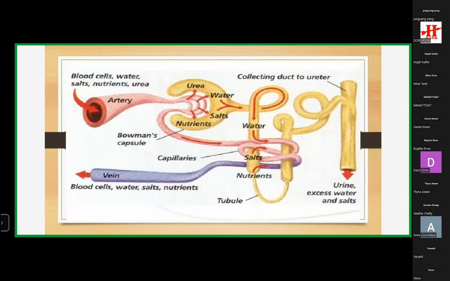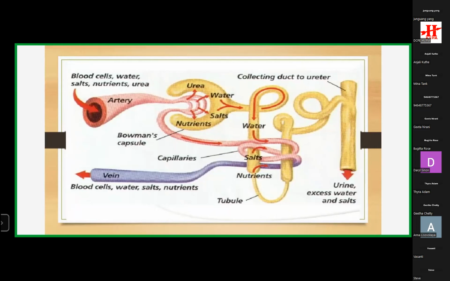It balances our body fluids. It also releases certain hormones. The kidney releases some hormones, particularly renin. Renin helps to increase the blood pressure. And another protein, you can say angiotensin.